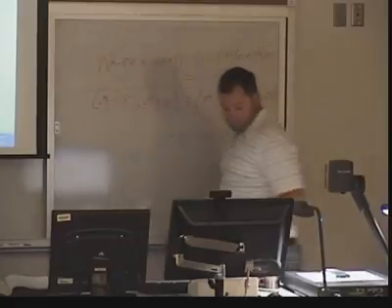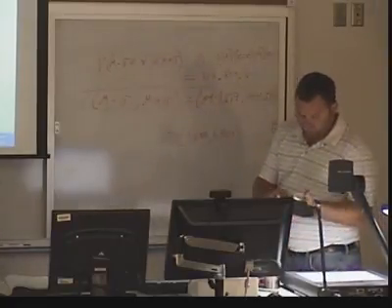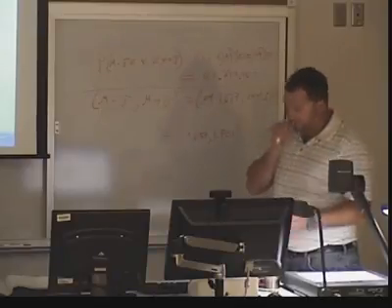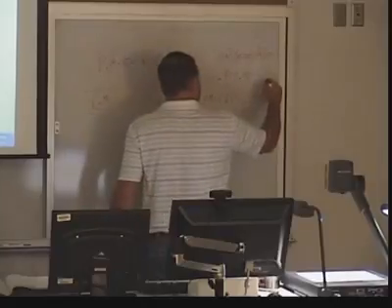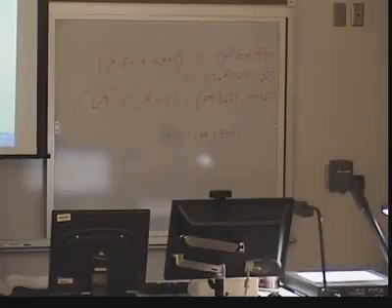So what does that equal? 0.63. My empirical rule says 0.68. It has to be within 1 standard deviation. So we're pretty close right here.